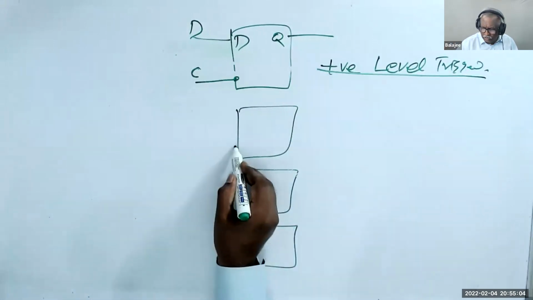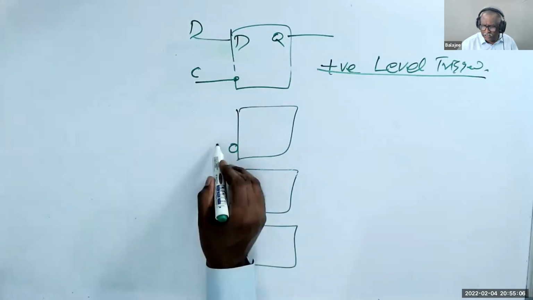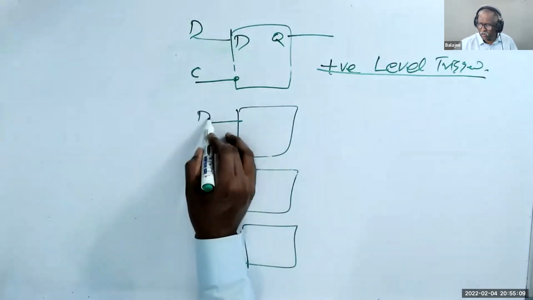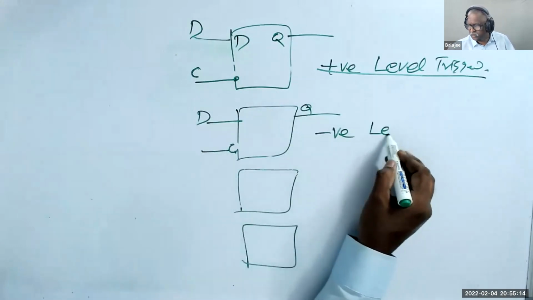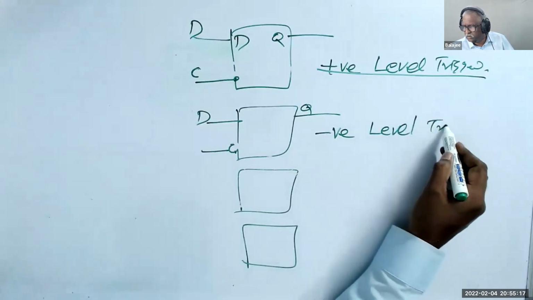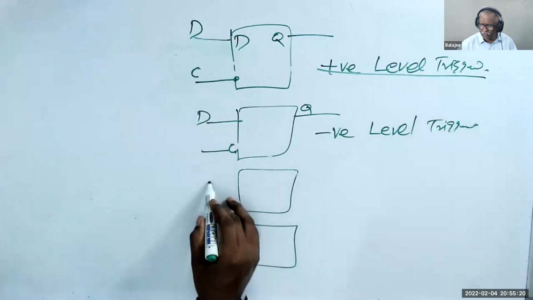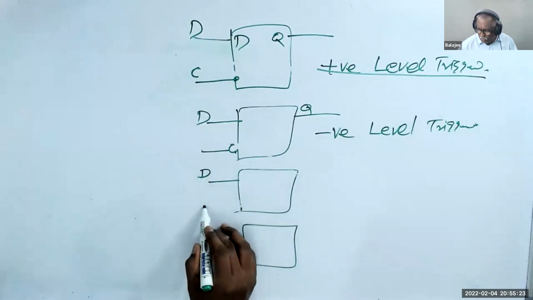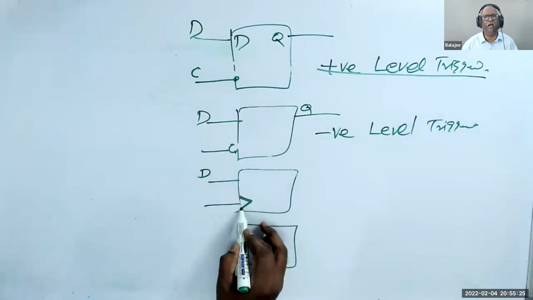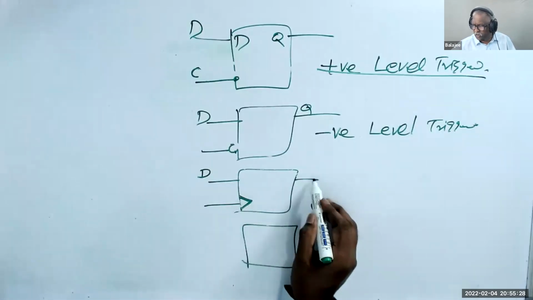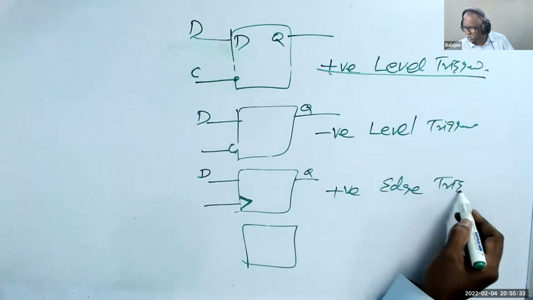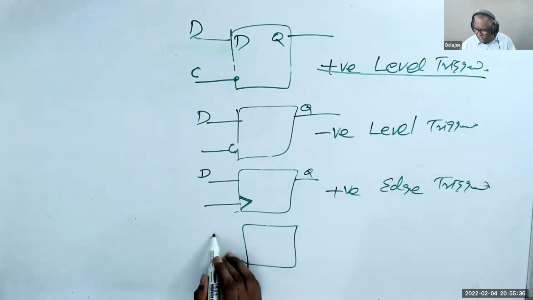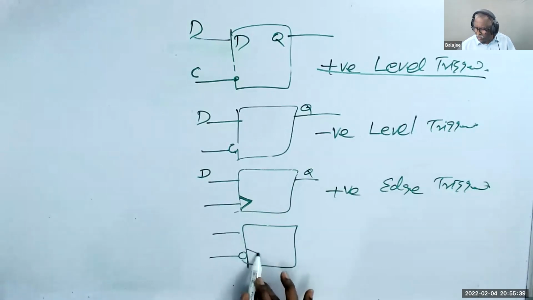If we put a small round here before C, D, Q, this is called negative level triggered. Then we have D. If we put a triangle-like symbol, arrow-like symbol, then this is called positive edge triggered. And if you put the same thing with the small round, Q, it is called negative edge triggered.